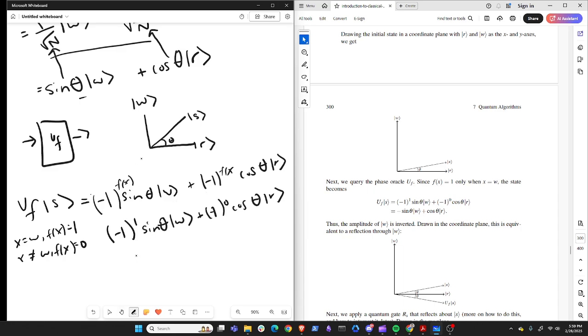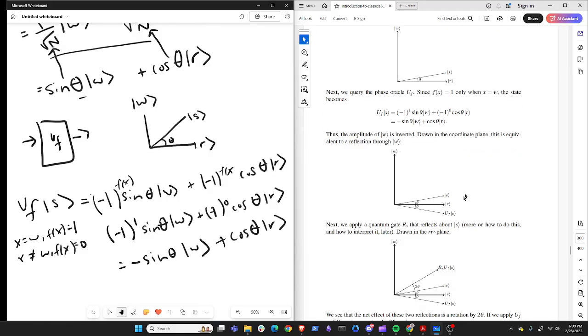We wind up inverting the amplitude of w. We went from positive sine to minus sine theta when we found x equal to w. We found our winner string, plus cosine of theta r.